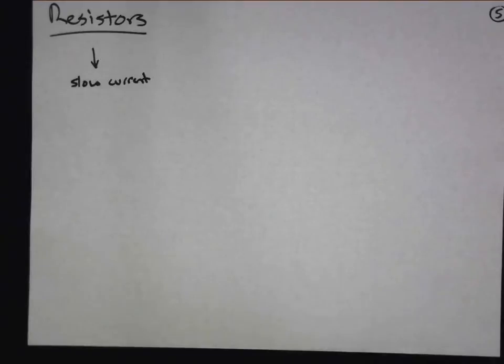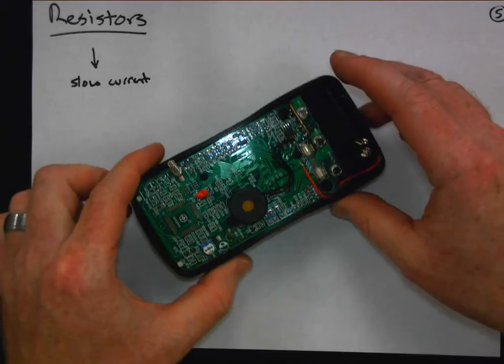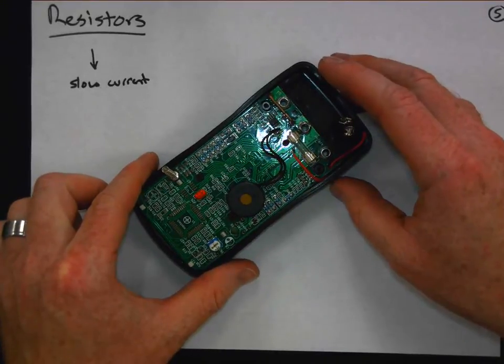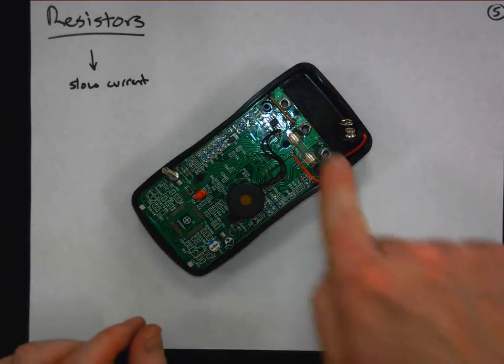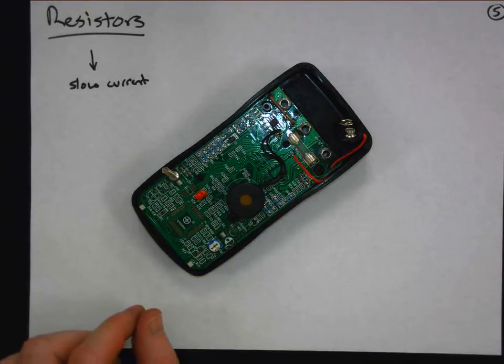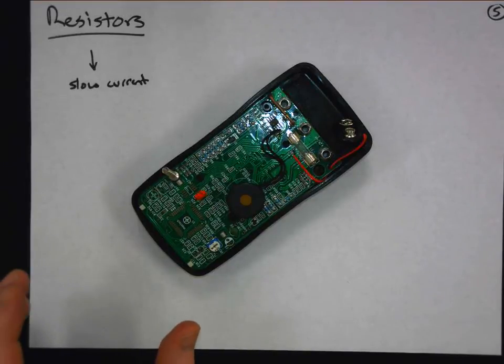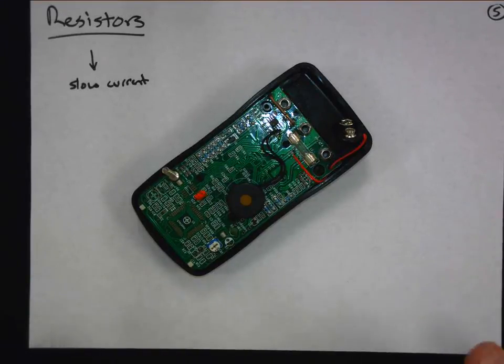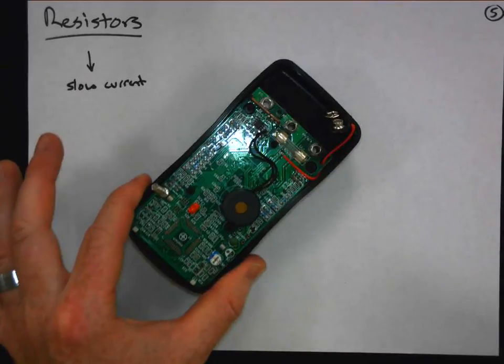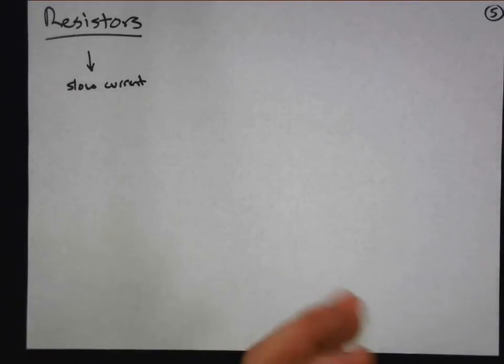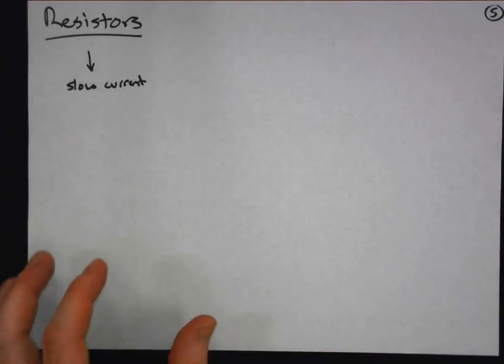I happen to have this device open, and you can see a bunch of stuff going on in here on this circuit board. Some of these components are resistors, and all a resistor is meant to do is reduce the current in part of that complex circuit.